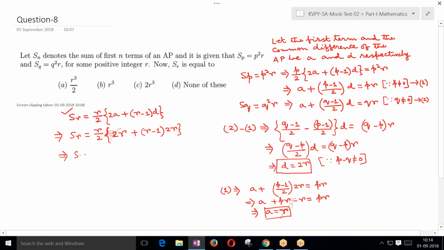So from here we get SR is equal to R/2 into (2R plus 2R square minus 2R). So it becomes 2R square into R/2, and from here we get the value of SR is equal to R cube. So we get the correct option as B.